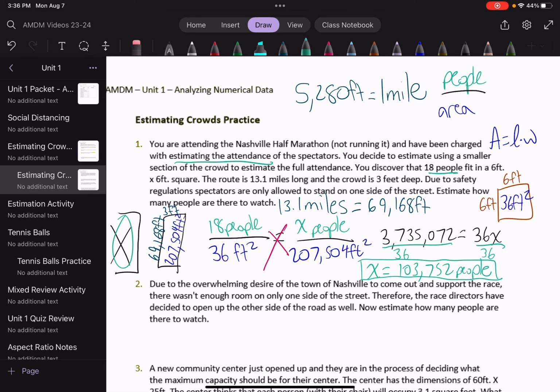We're taking one side and multiplying it by 2 to get both sides. So I'm going to take this original amount of people, the 103,752 people, and I'm going to multiply that by 2 to get a total of 207,504 spectators or people at this event.